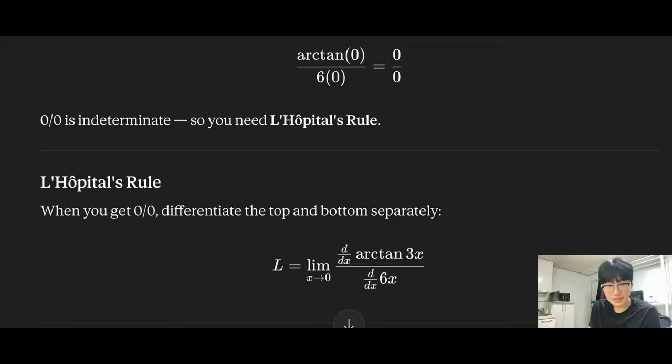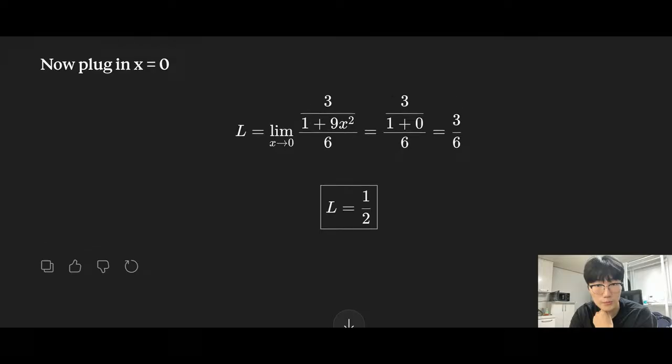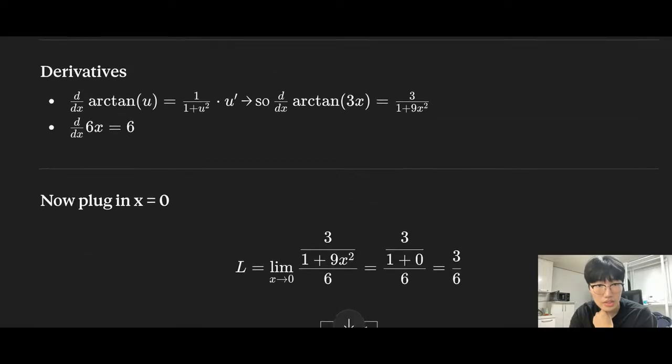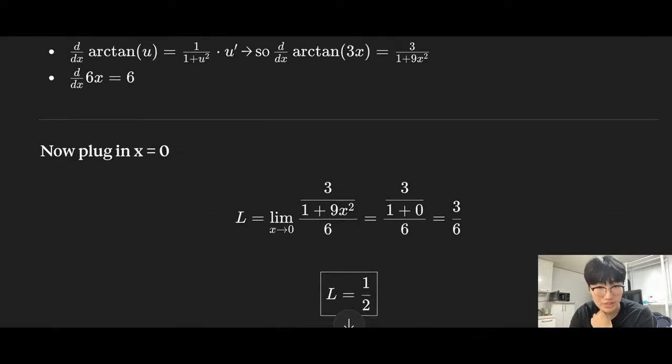So do I just multiply this? 1 plus 9x the same, and 18. Let me just try this out since I have 5 attempts. So 18 over 1 plus 9x to the power of 2. Now plug in x equals 0.